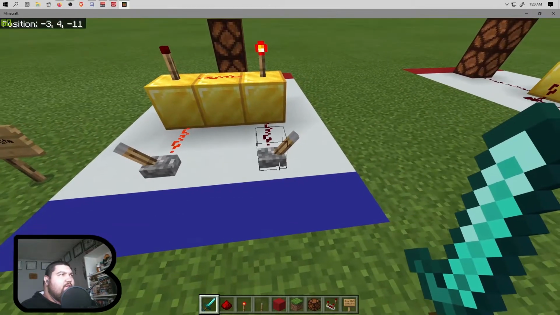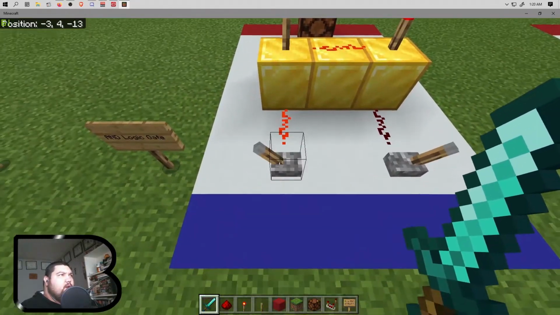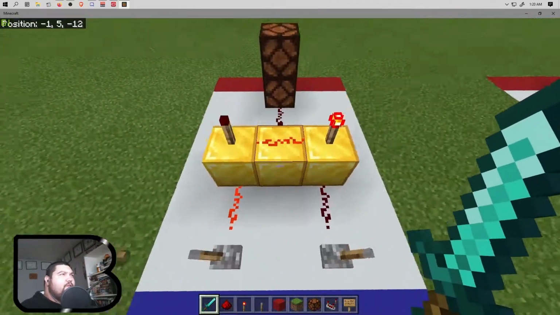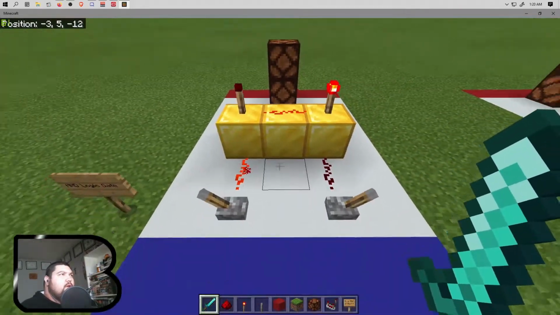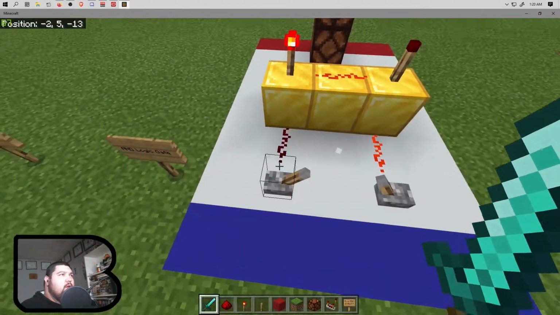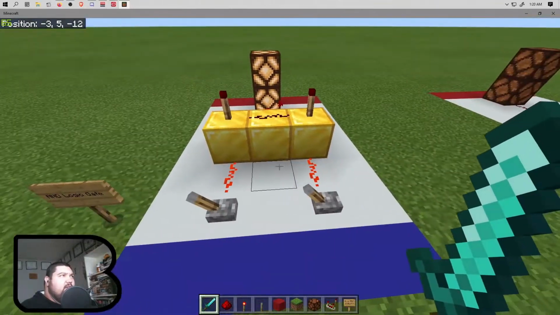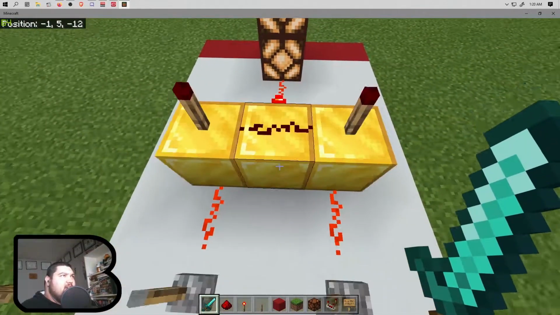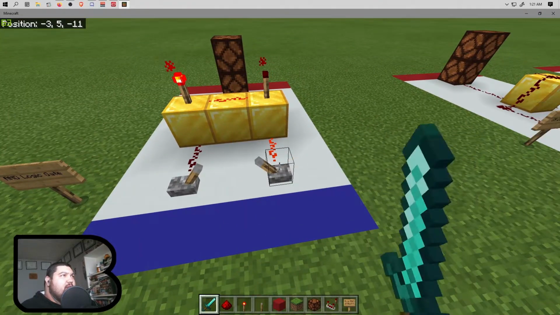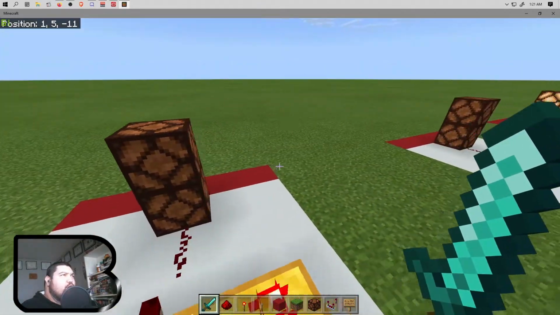There's an off-off, an on-off, an off-on, and then an on-on. So the on-on is what activates the on for this output. The other 3 states do nothing. It keeps that output off.